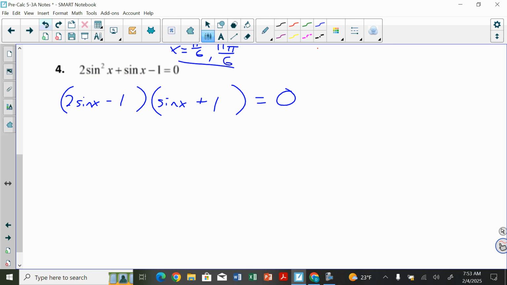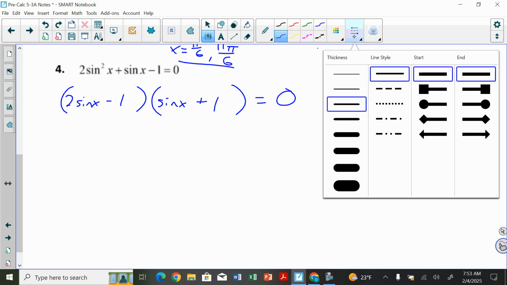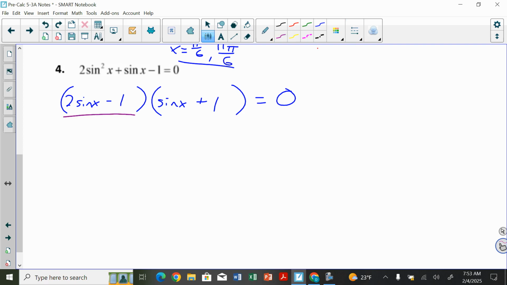Okay, so now I have my factors. So same thing. Now I'm just going to set each of these factors equal to 0. So this one here, 2 sine x minus 1 equals 0. So let's go ahead and solve that one. I'm going to add 1 to both sides, so 2 sine x equals 1, and then sine of x would equal 1/2.